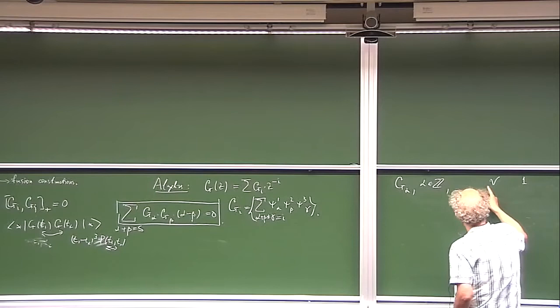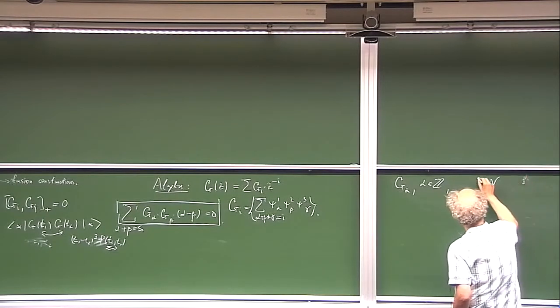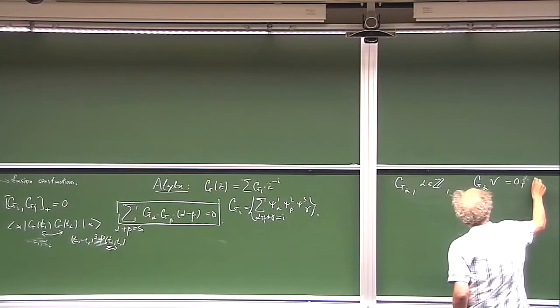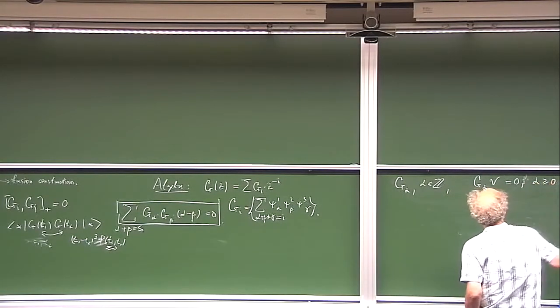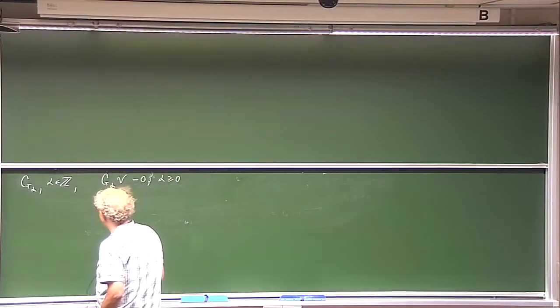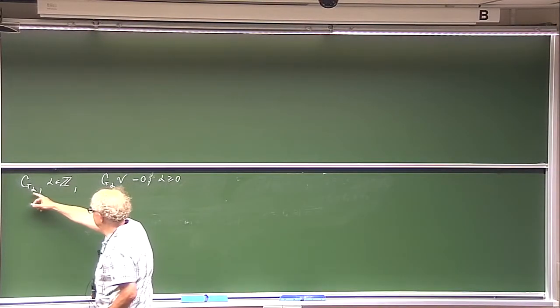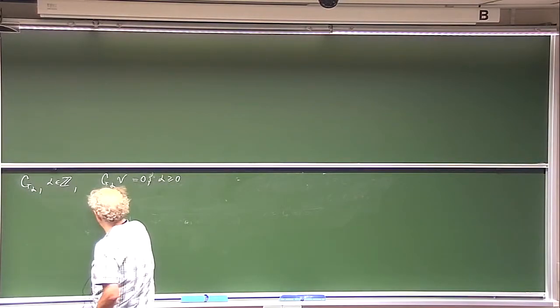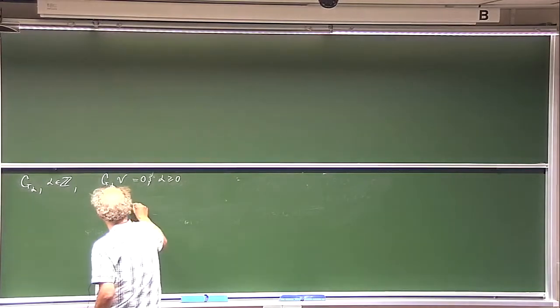Then my condition was that G_alpha is 0 if alpha is non-negative. Therefore, under this condition, I can generate new vectors by G_-1, G_-2, and so on.